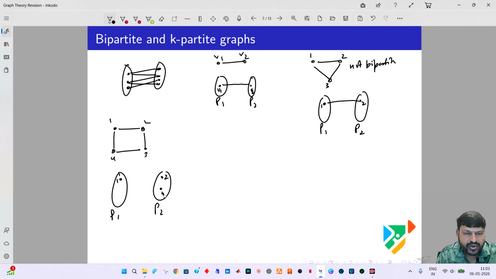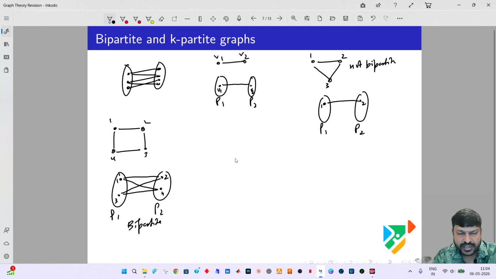Are 2 and 4 adjacent? No. So both can lie in part 2. What about vertex 3? Vertex 3 is adjacent to 2, so it cannot belong to part 2. Can it go to part 1? Yes, it can go to part 1 because 3 is not adjacent to 1. Now you can draw the edges. So this is your bipartite graph.